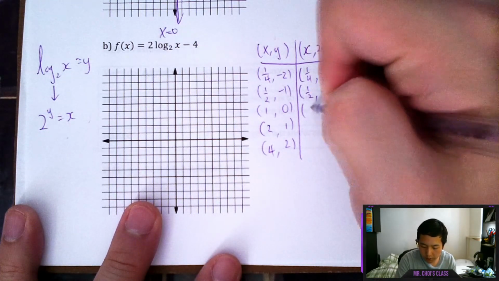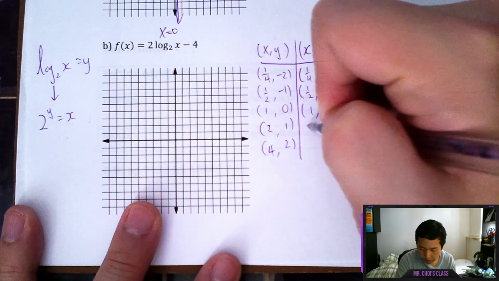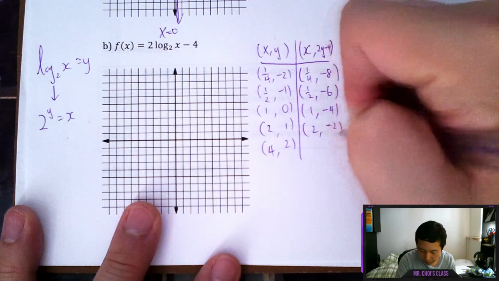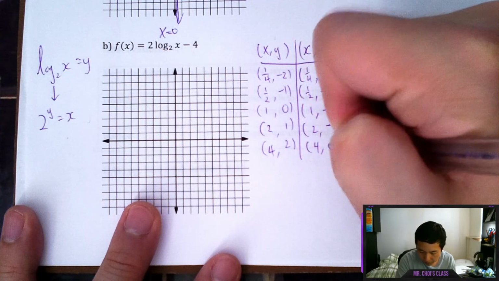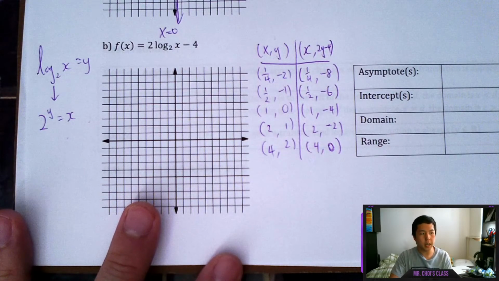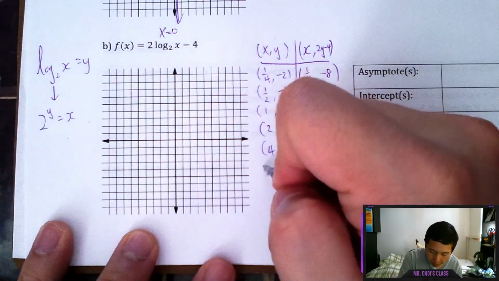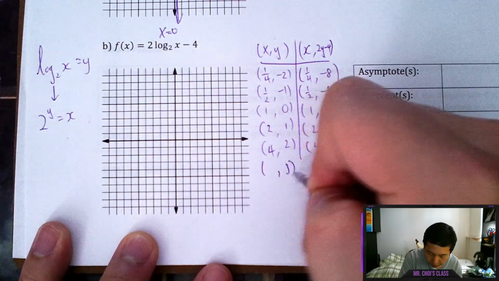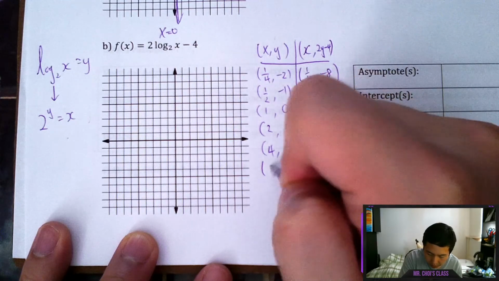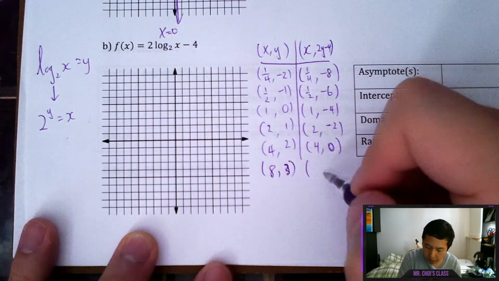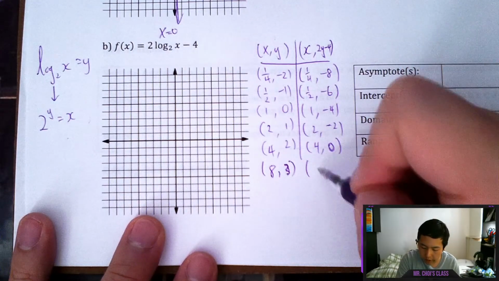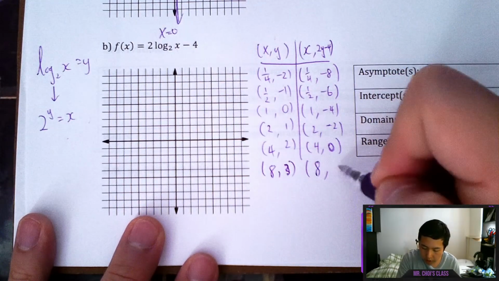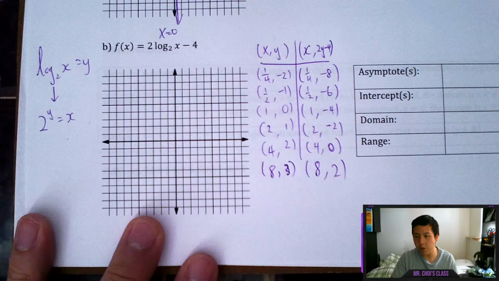So we can just continue onwards. And there we have it. If we were to add one more point, we want 1 point above the x-intercept. So let's do that. We're going to get 8, 2.